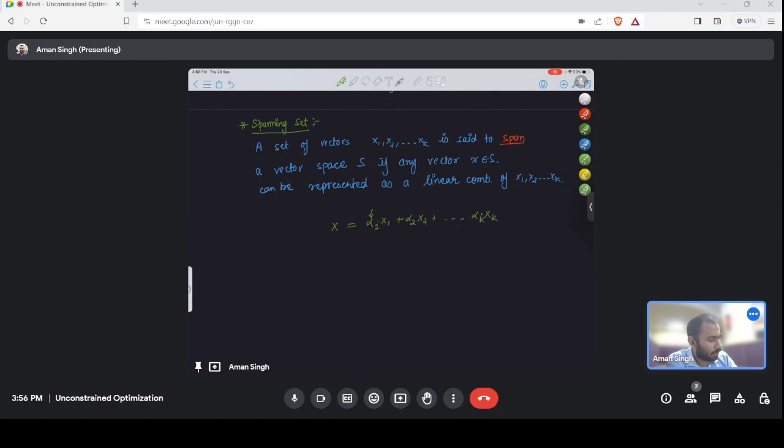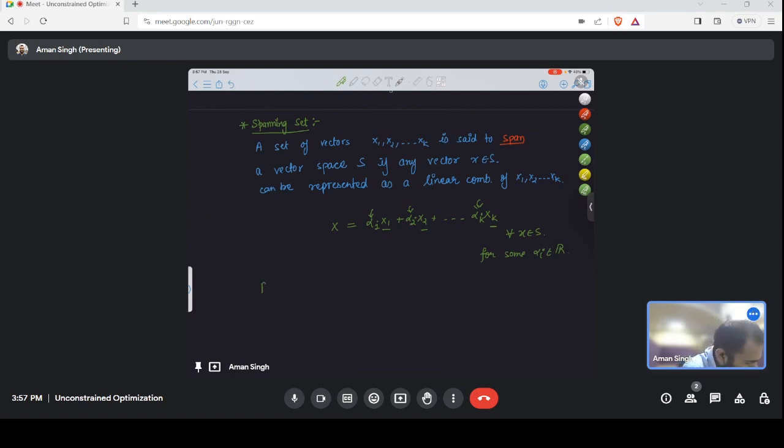If I can write all the vectors in S like this with some numbers alpha 1, alpha 2, alpha k, belonging to R, then these sets are called spanning vectors of the space S.